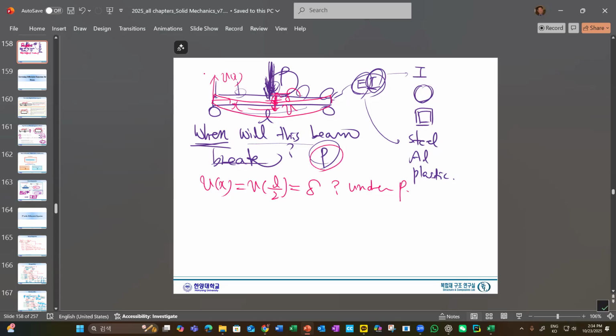When this pen breaks, how much maximum load can this pen carry? Now let's try to answer these two questions. Very simple questions, but you can see that this simple one helps us with what we should be able to do.